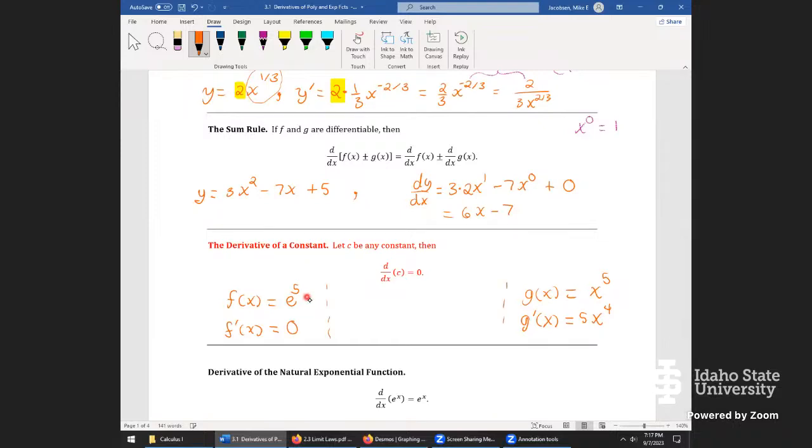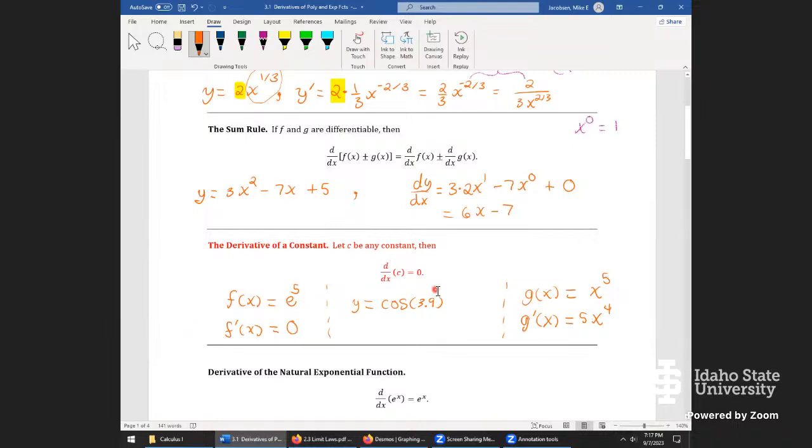Let me show you an even worse one. Let's say y was cosine of, how about 3.9? If it was cosine of x, in a section in this chapter, they'll tell us the derivative is a sine function, negative sine of x.